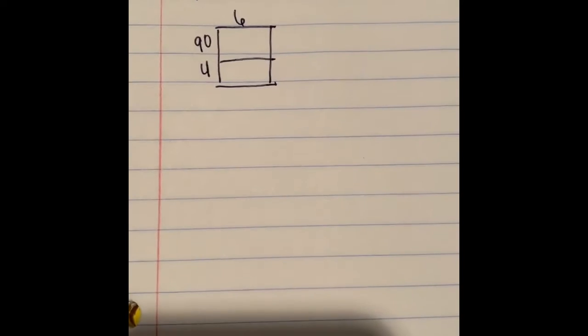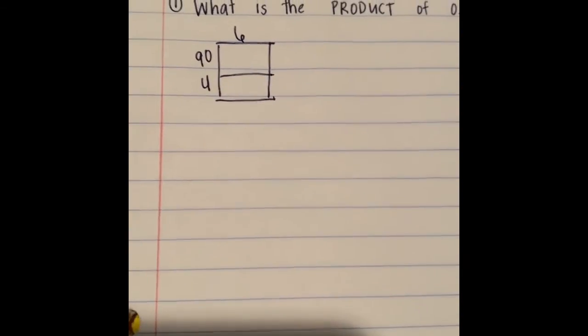So let's start with 94 hundredths. We're going to treat these as whole numbers, so it is not going to be a decimal for right now. Instead of writing 94 hundredths, we're just going to write 94, and then 6 is going to be here. Now we multiply 90 by 6.